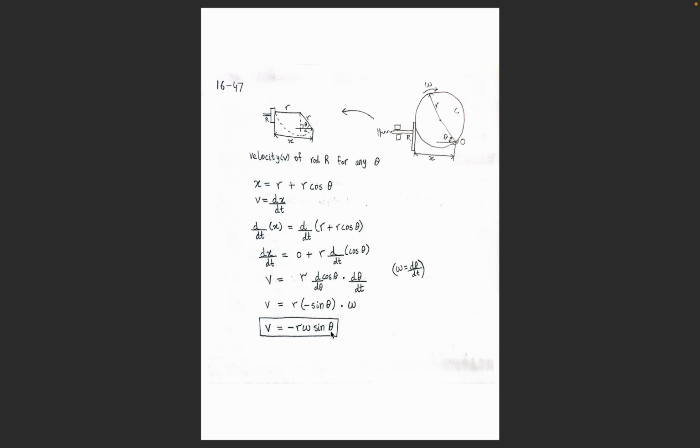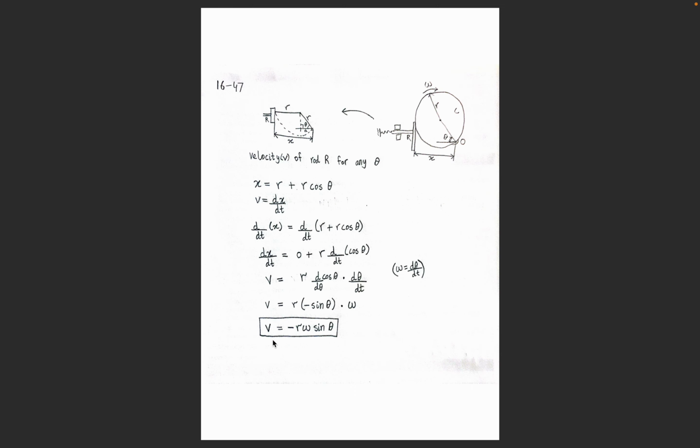So as the angle changes, the velocity will also change in rod R. For example, if this angle is 0, this distance is 0 and the velocity becomes 0, and if this angle becomes 90 degrees, sine theta becomes equal to 1.